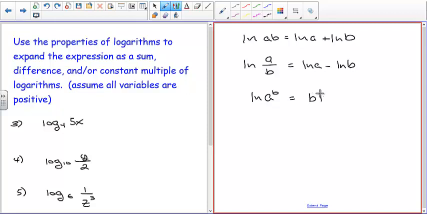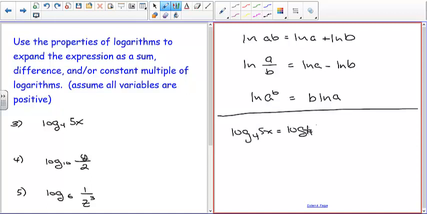So you can take the exponent inside and move it out as a constant multiple times the natural log. Okay, so those are the rules. Here we've got a product, so it's like the first case. So we can say the log base 4 of 5x is the log base 4 of 5 plus the log base 4 of x.